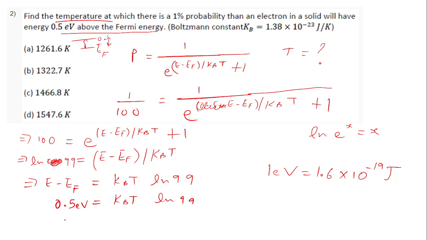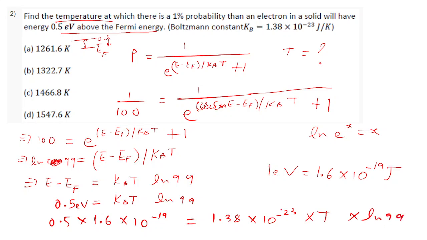So this becomes 0.5 multiplied by 1.6 times 10 to the power minus 19 joules is equal to kB, which is 1.38 times 10 to the power minus 23 joule per Kelvin, multiplied by temperature, which we need to find out, and then log of 99.